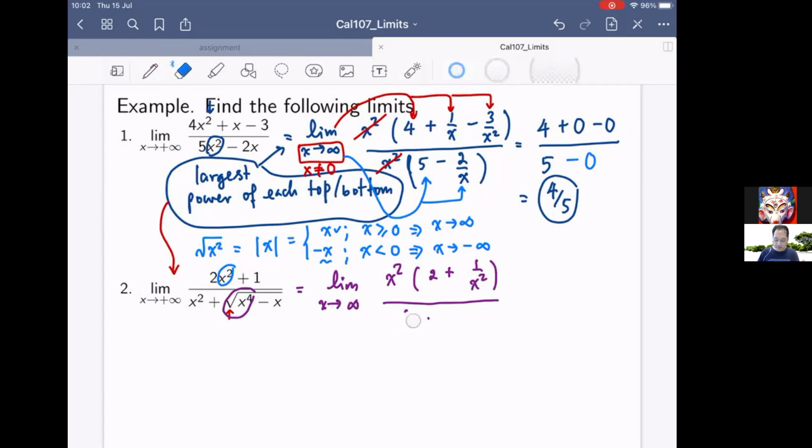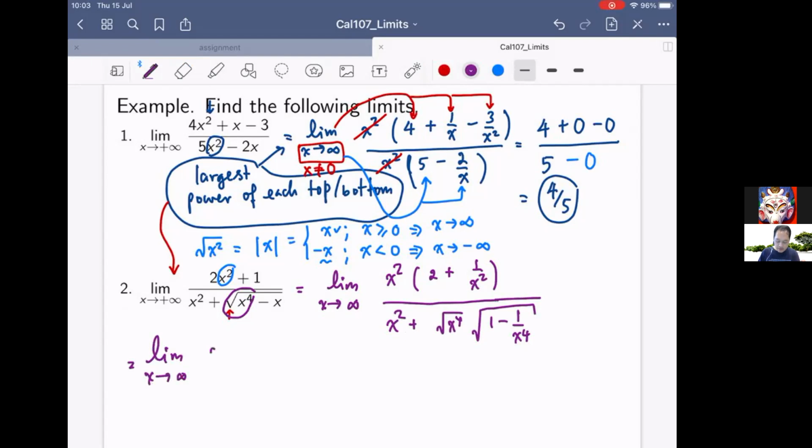Let me do it this way first, okay? So we have x squared, and then this one is also a square root of x fourth, and a square root of 1 minus x fourth, right? Okay, because you just pull out the x fourth from the square root. So here, let me do it slowly first.